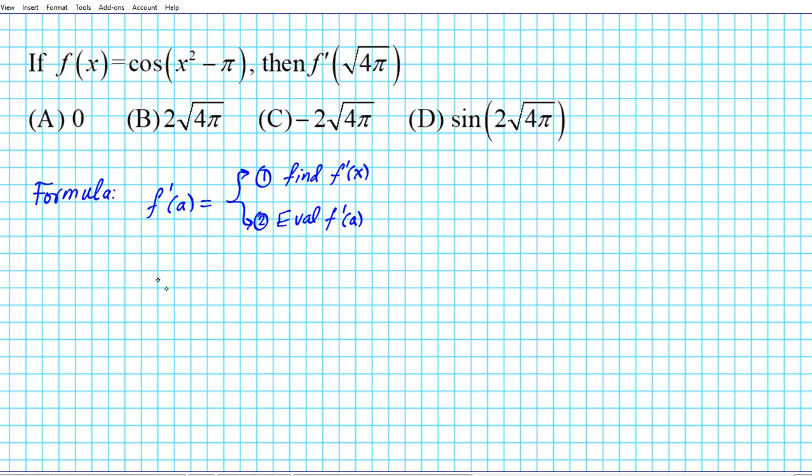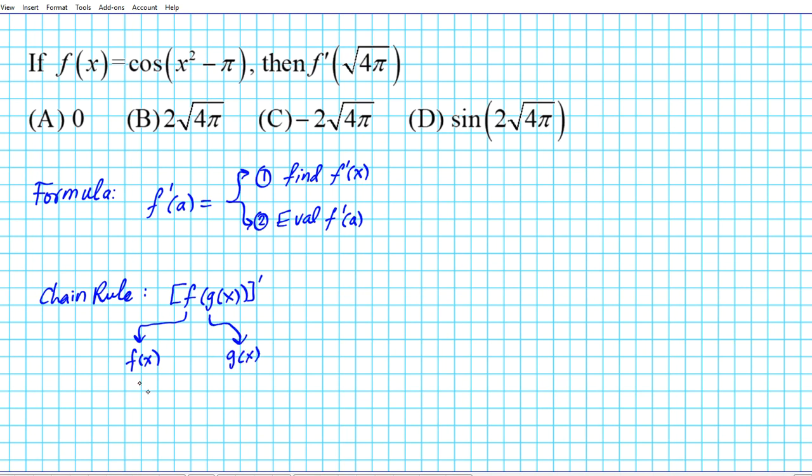The second formula we need to know for this problem is the chain rule formula. The chain rule is the differentiation process for composite functions. So let's say you have the composite function f composed with g of x, and you want to find the derivative. What you do here is you split up the function, you isolate the outer function and the inner function.